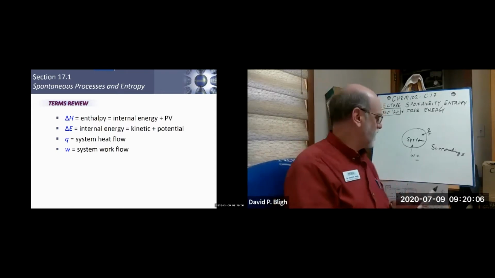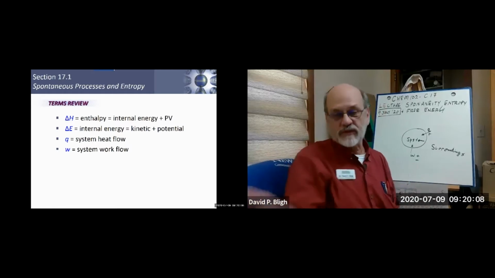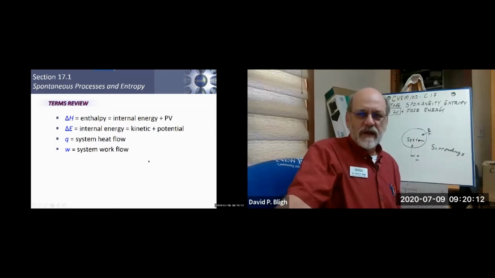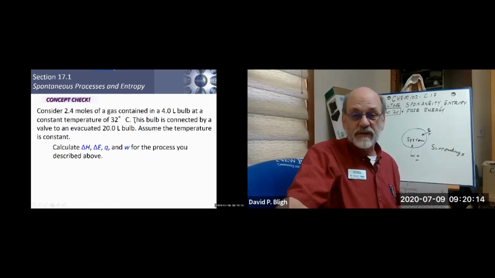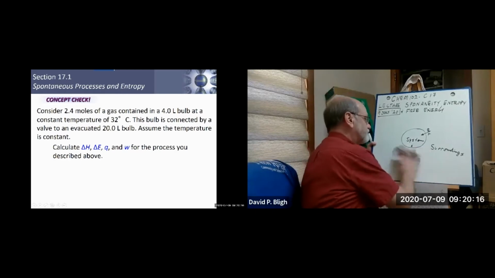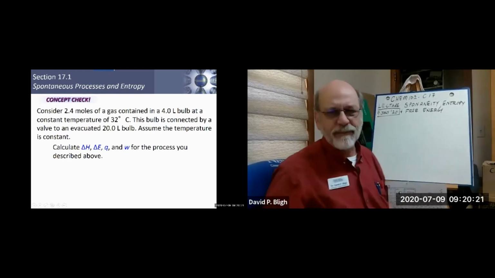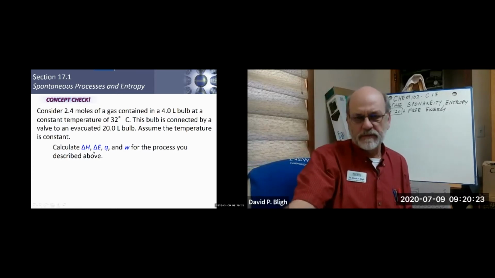Okay, so now that we've got those terms refreshed, the next question is, in the system that we described earlier, what's happening to these terms? The delta H, delta E, Q, and W for the process.